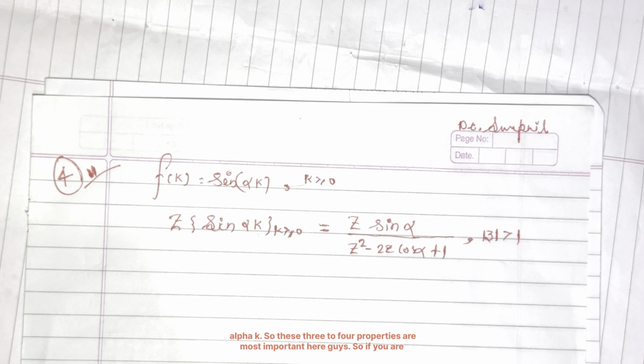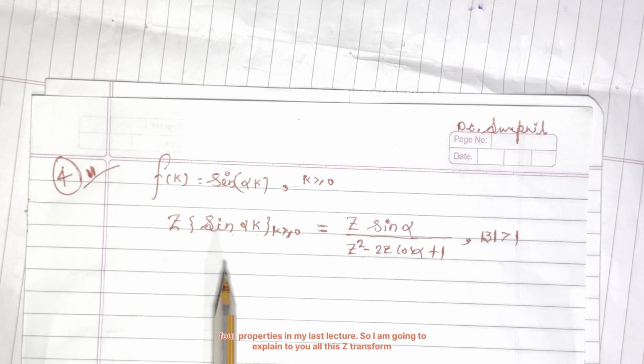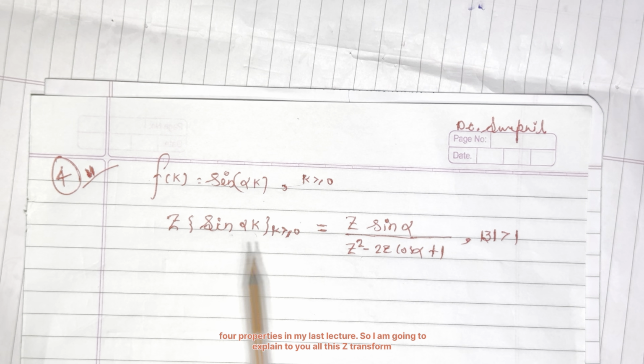If you solve the Z transform directly, you will get the answer, but it is time-taking. To avoid this in your exam, you can apply these standard properties directly. I already explained three to four properties in my last lecture.